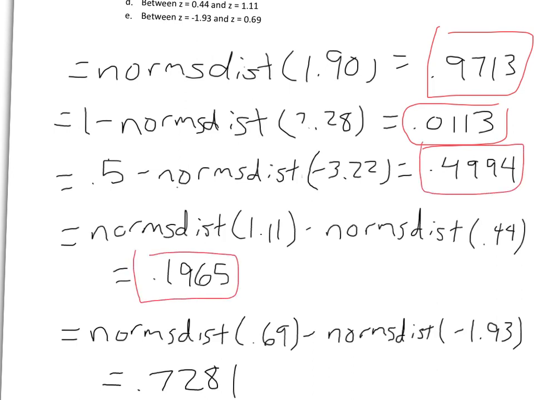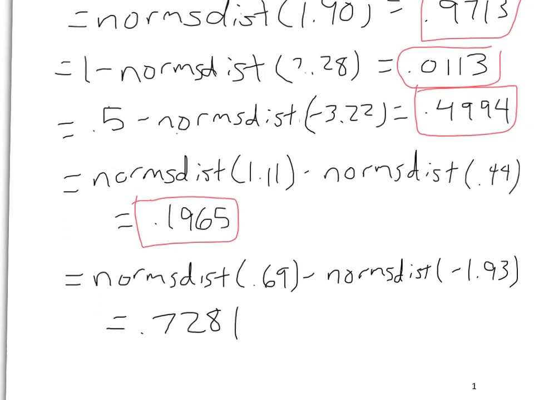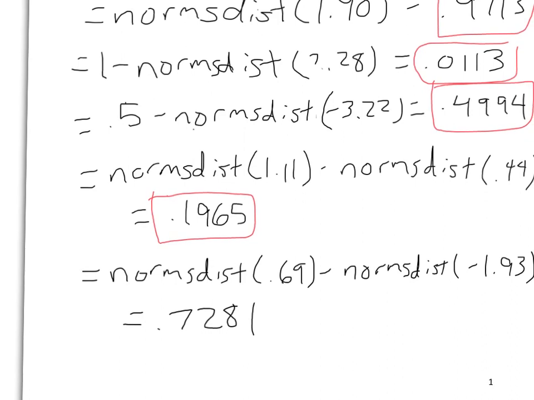So I have clearly highlighted which ones are my answers. Okay, so that's the answer to question number 1. It took about 3 or 4 minutes. Okay. Next slide, you'll see what question number 2 asks.